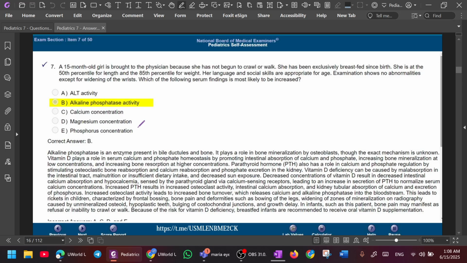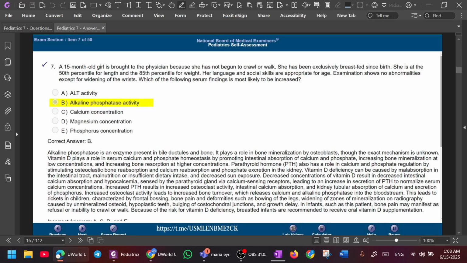Vitamin D deficiency can be caused by malabsorption in the intestinal tract, malnutrition, insufficient dietary intake, and decreased sun exposure. Decreased concentration of vitamin D results in decreased intestinal calcium absorption and hypocalcemia. This is sensed by the parathyroid gland via calcium sensing receptors, leading to an increase in PTH secretion to normalize serum calcium concentration.